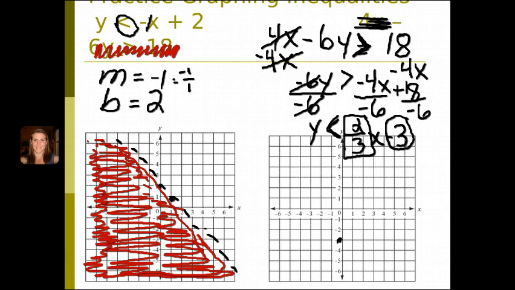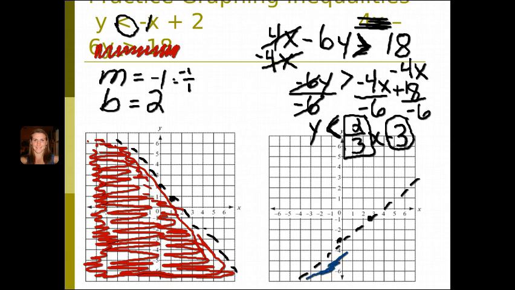Again, our boundary line is going to be broken because this boundary line is going to represent less than, and it's not equal to, but everything less than this boundary line. And since it's less than, we're going to shade what is below the boundary line.